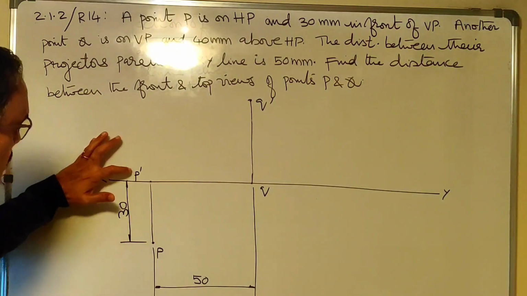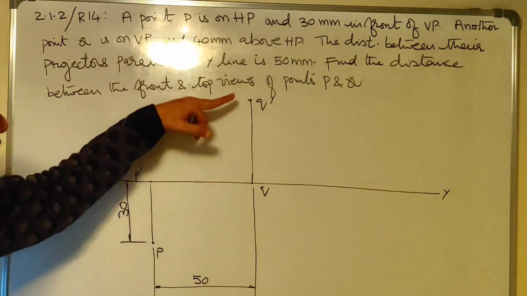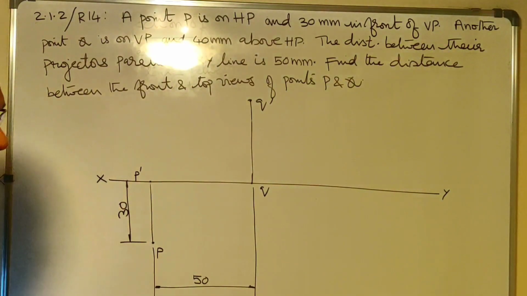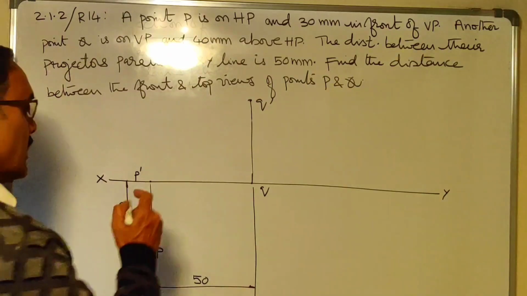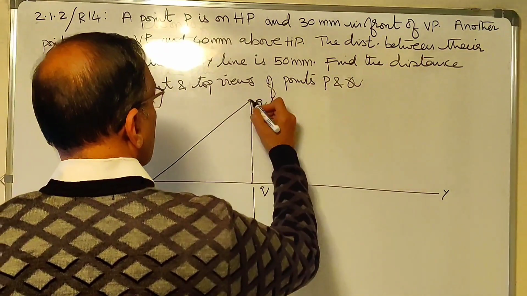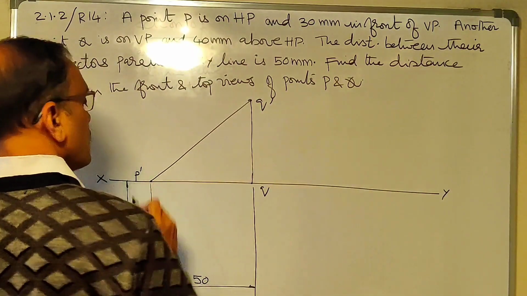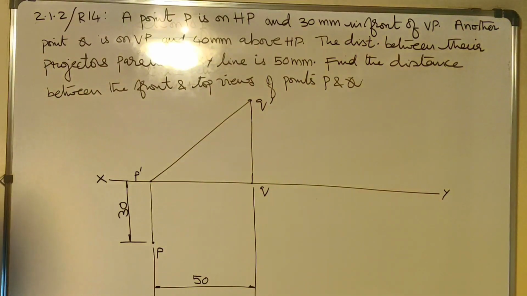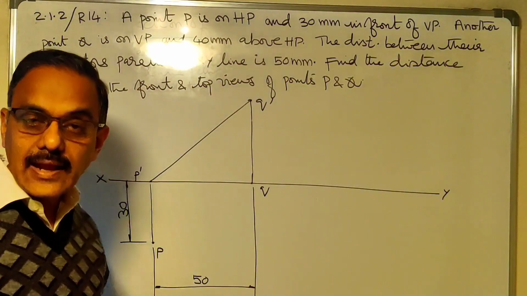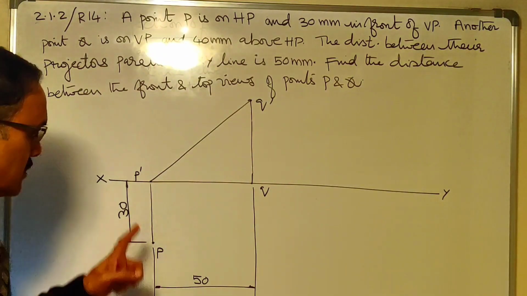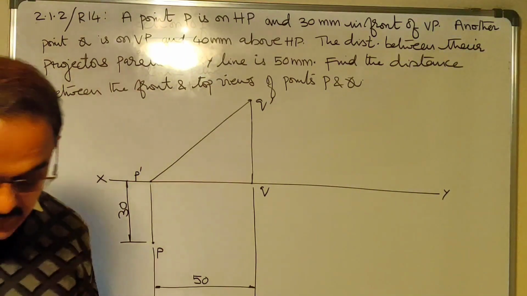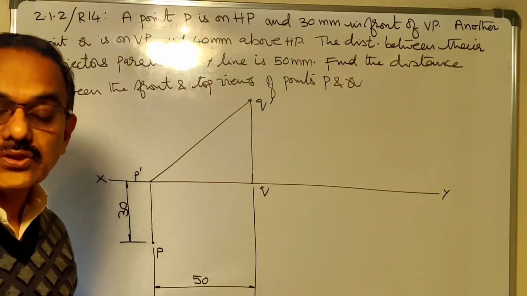Now this is the front view of P, this is the front view of Q. You are asked to measure the distance between them. So just connect them by a line, and measure this distance. When you use the software and solve it in the lab, this distance P dash Q dash should come to 64.03.